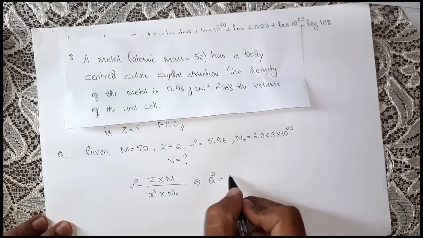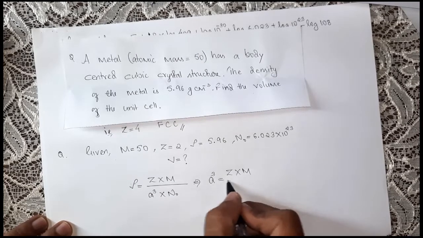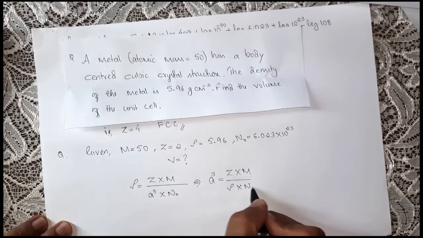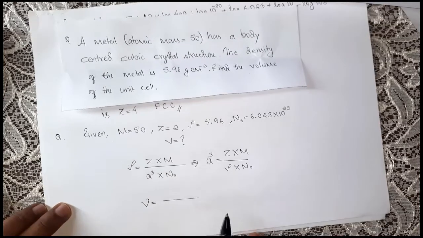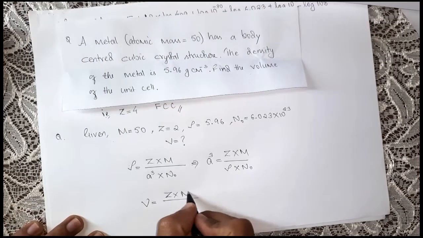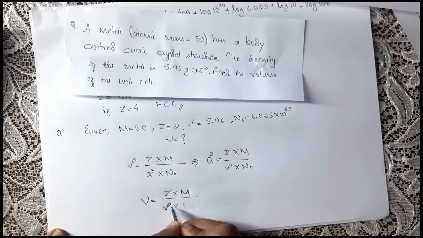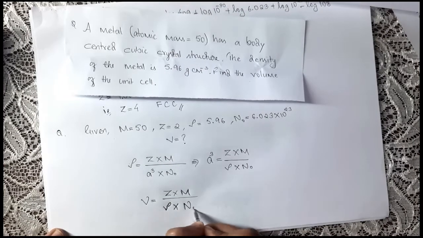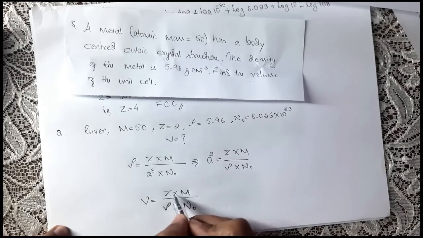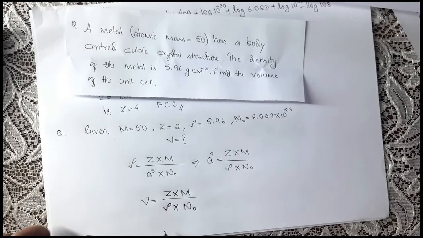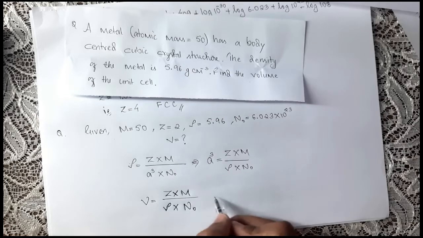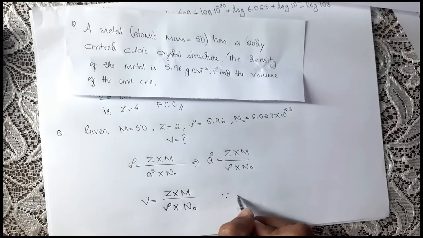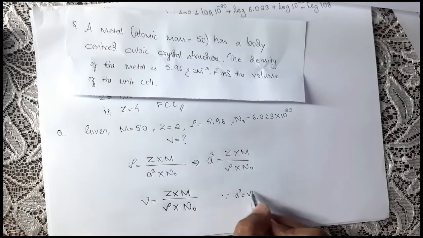A cube is equal to Z into M divided by density into N naught. So V is equal to Z into M divided by density into N naught. This will be our formula which we are going to use. Since A cube is equal to V, I have put V.